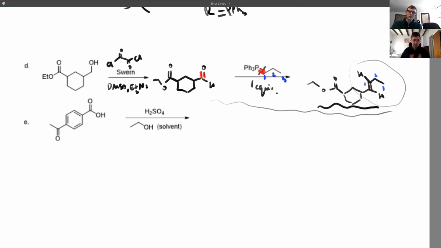So it's just acidic, basically. This is what's interesting. It's like you have acidic hydrogens, but it's also like a basic solvent. I have no idea what.